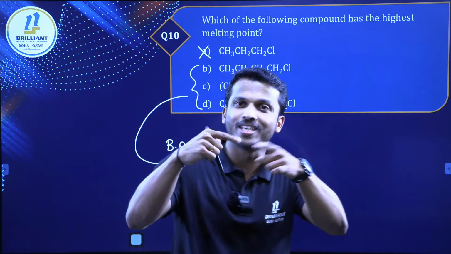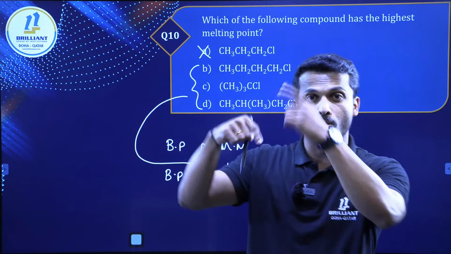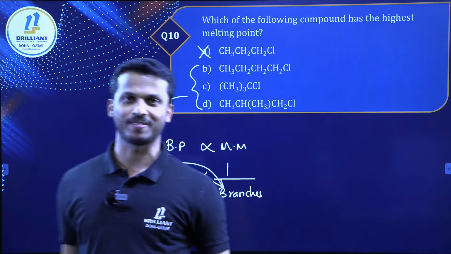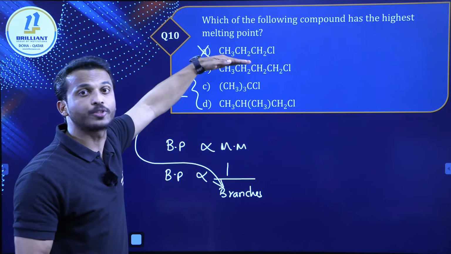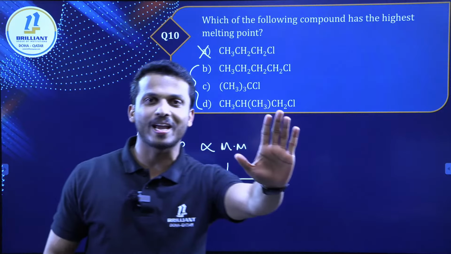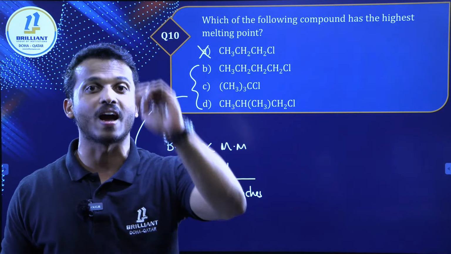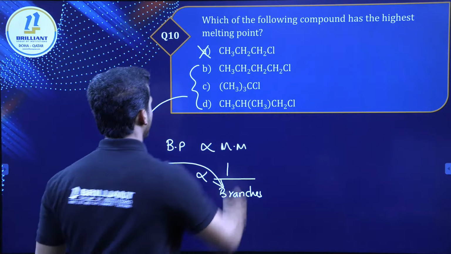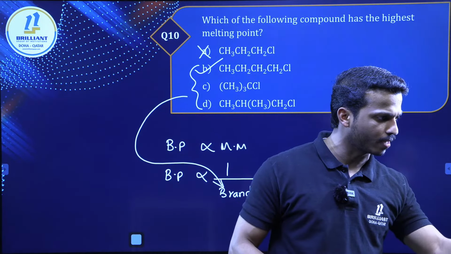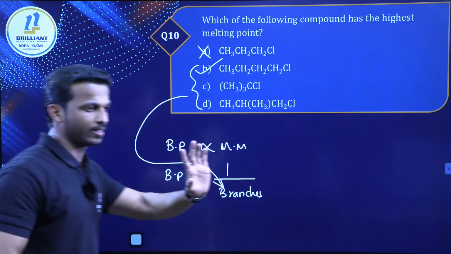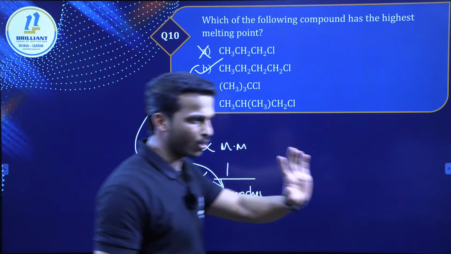Among isomers you have to check branches. The one with more branches, less boiling point. So here which one having no branches? Option B. No branches mean high boiling point and melting point. So option B is the correct answer. All have given the correct answer.